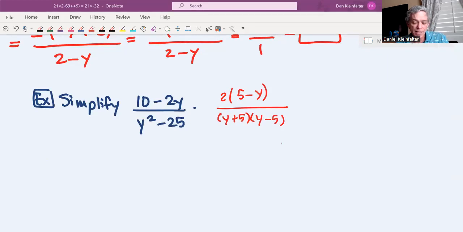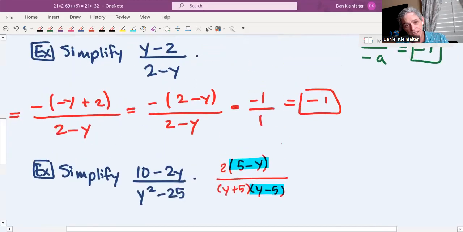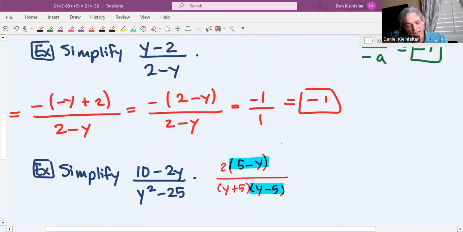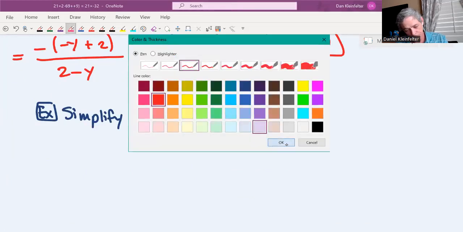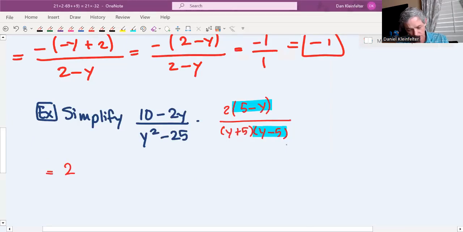Then the y minus 5 and 5 minus y are opposites of each other, right? Those two are opposites of each other. So I'm going to do like I did in the previous example with the y minus 2 and factor a negative 1 out. So we'll have 2, and then I'm factoring out a negative 1, and then 5 minus y will turn into y minus 5.